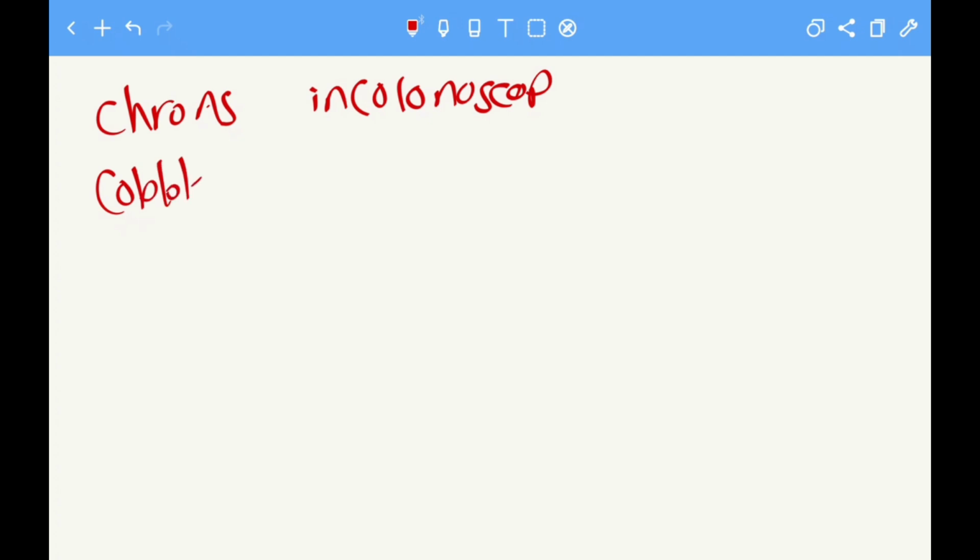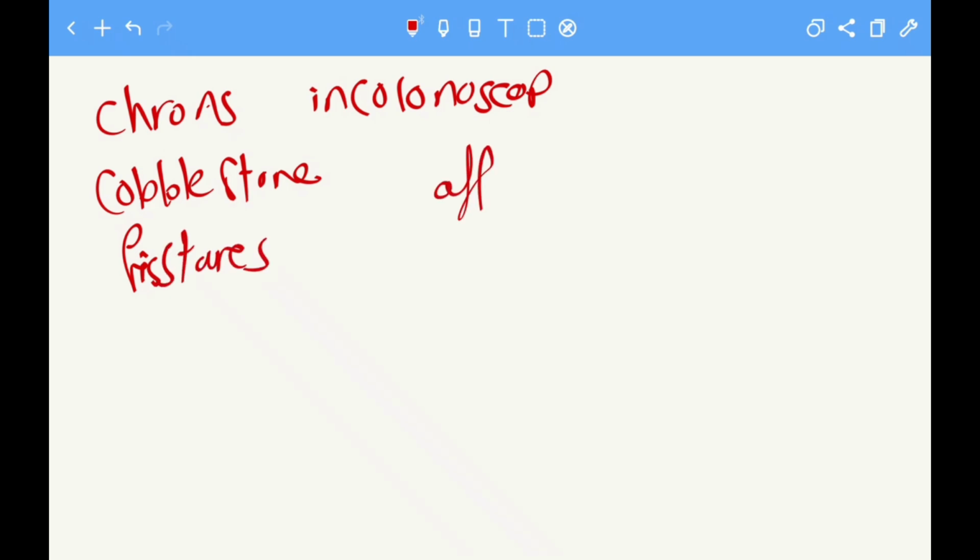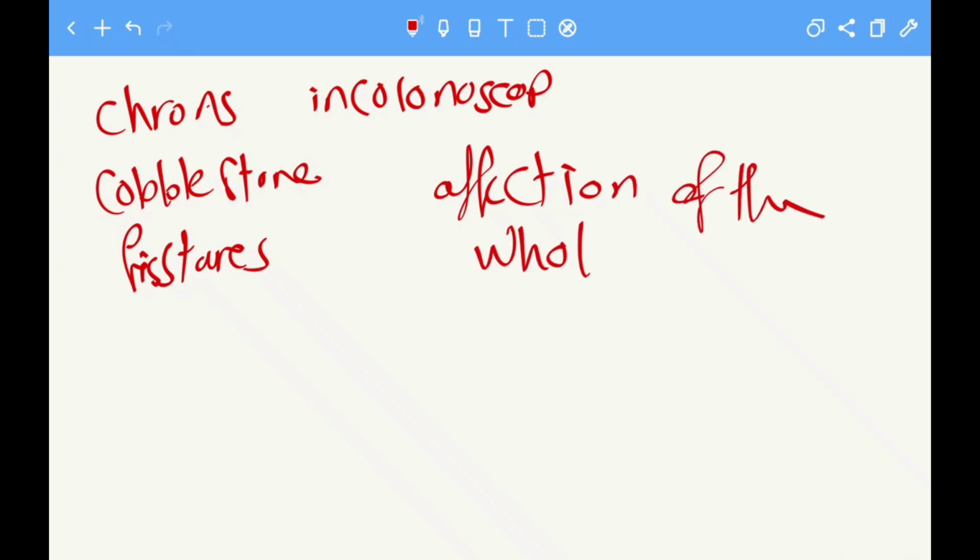While in Crohn's, in colonoscopy, we will find cobblestone appearance and fissures due to affection of the whole thickness.